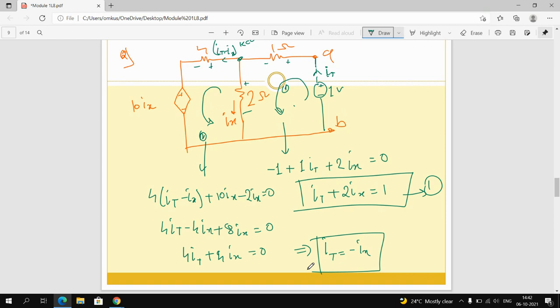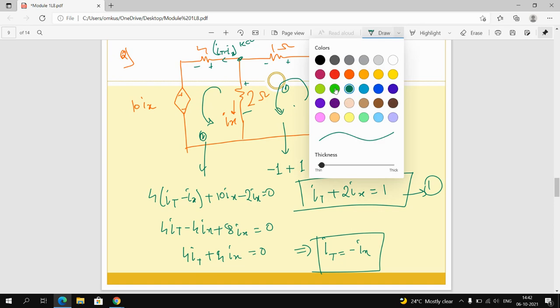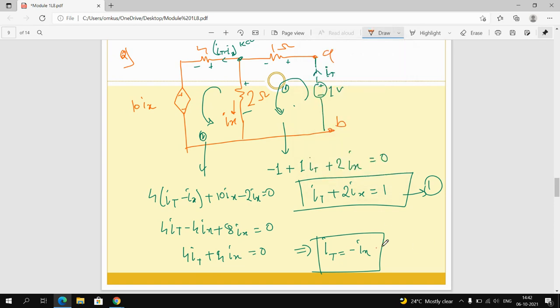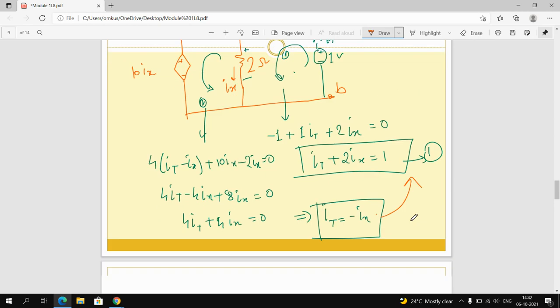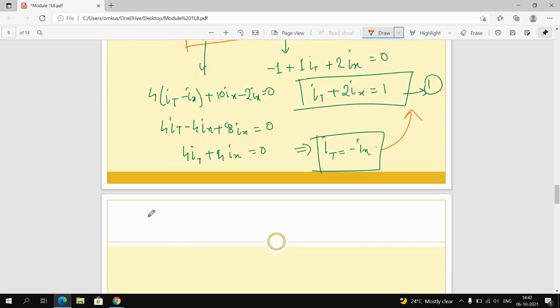Now put this value in equation 1. So what is equation 1? In equation 1, you need to find out IT, right? So replace IX.